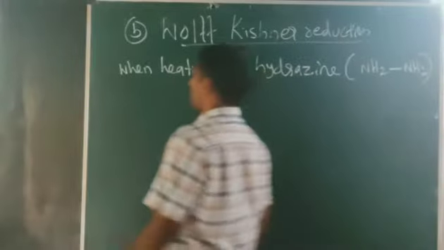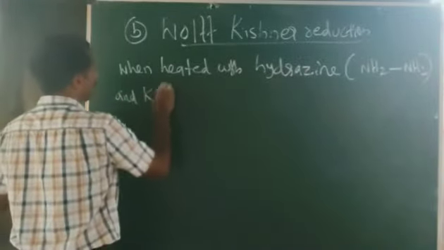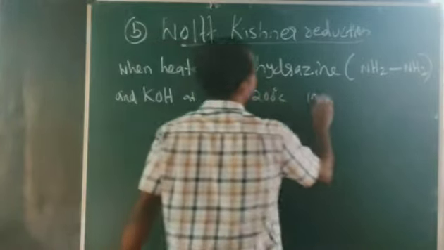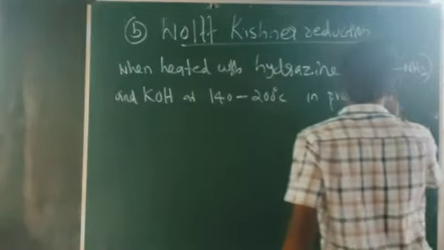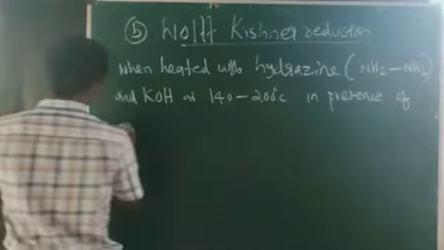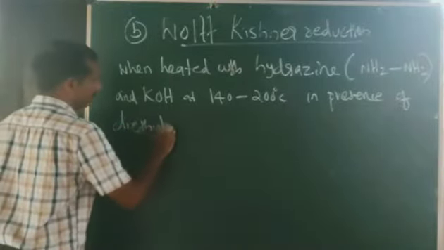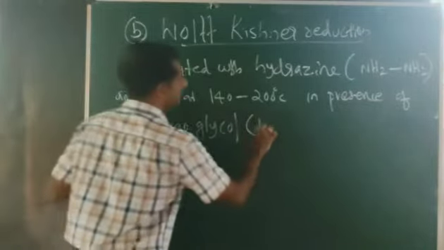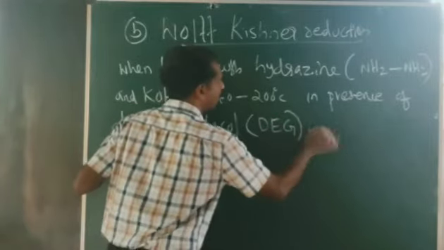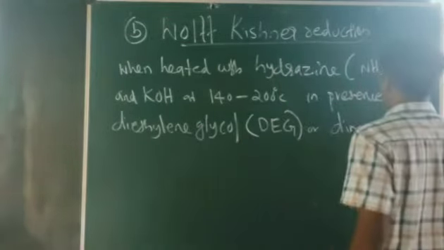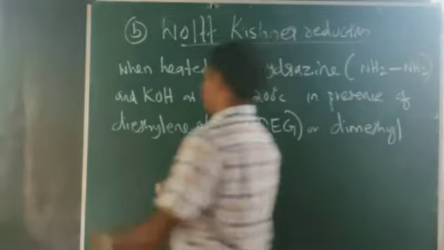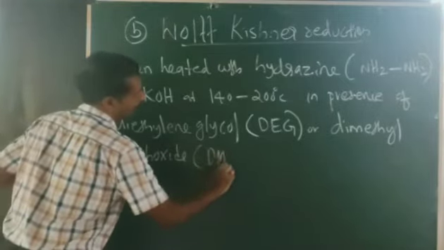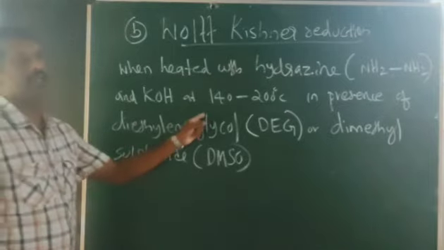When heated with hydrazine and KOH at 140 to 200 degrees Celsius in presence of diethylene glycol, DEG, or dimethyl sulfoxide, which is also known as DMSO, what we get?